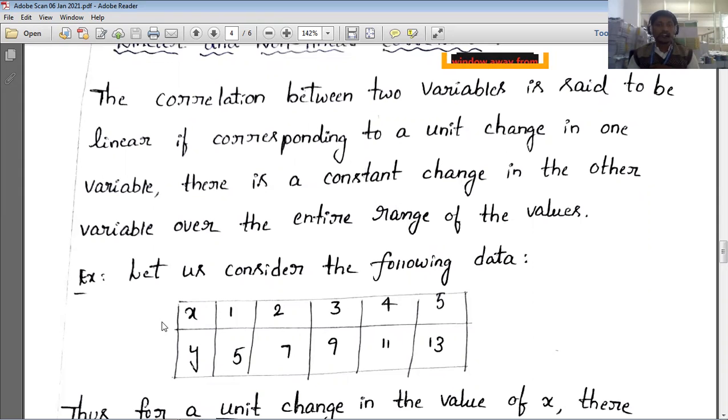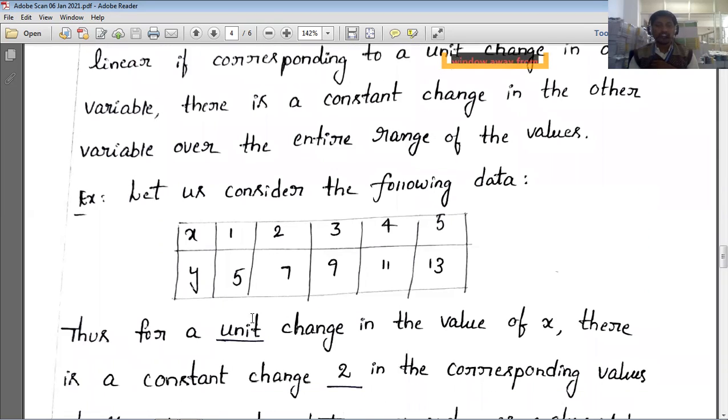If you see the x values and y values they gave, the x range is from 1 to 5 and the y range is from 5 to 13. Here the difference in x is 1 and in y it is 2: 5, 7, 9, 11, 13. So there is a constant ratio over the entire range of values, from 1 to 5 and 5 to 13. Then we'll say that is linear correlation.